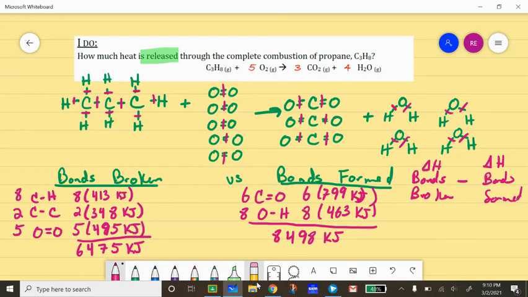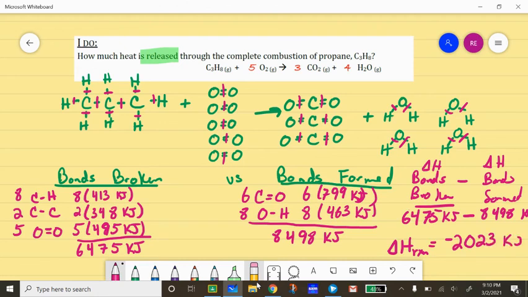I'm not going to write that out, but we have 6,475 kilojoules minus 8,498 kilojoules. That gives me an overall change in enthalpy for the reaction of negative 2,023 kilojoules. That's it.